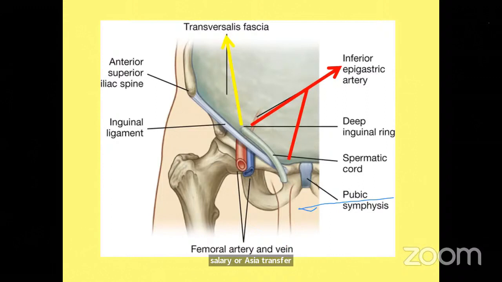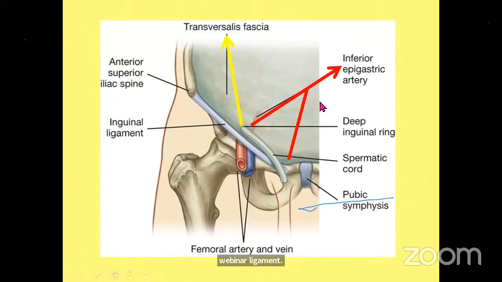There is a triangle formed by the inferior epigastric artery, rectus abdominis, and below, the inguinal ligament. What do you call the triangle bounded by the inferior epigastric artery, rectus abdominis, and inguinal ligament? Yes, very good.